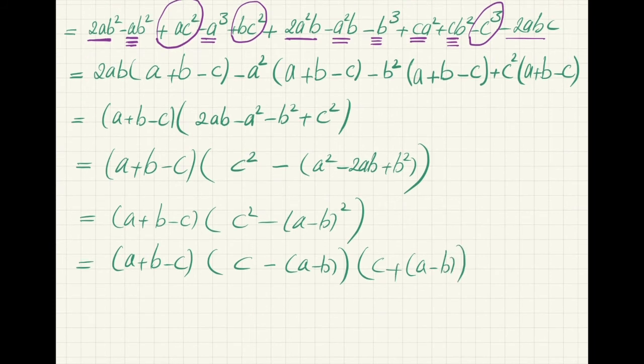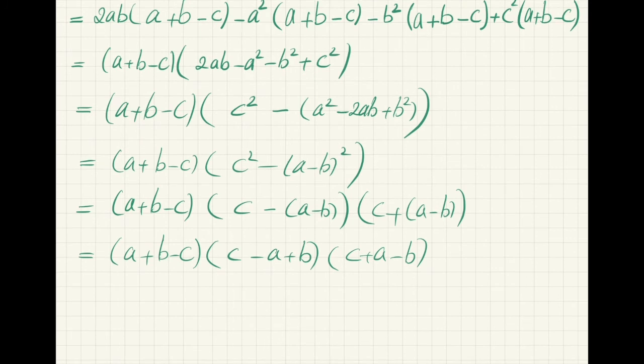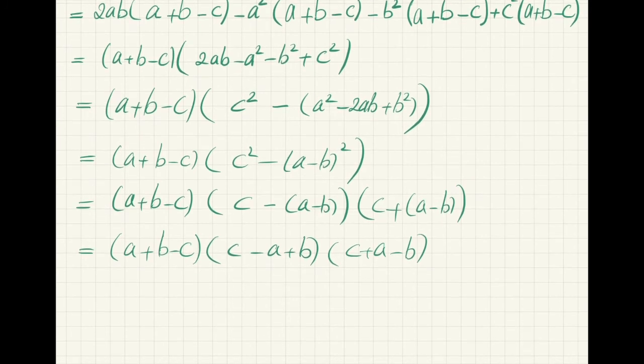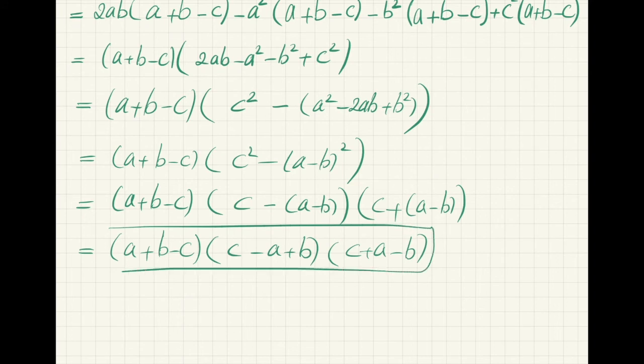But we don't need extra brackets, so let us remove them by doing necessary changes. So it becomes c minus a plus b, and then the other one becomes c plus a minus b. Yes, so that is the factorized form of this expression.